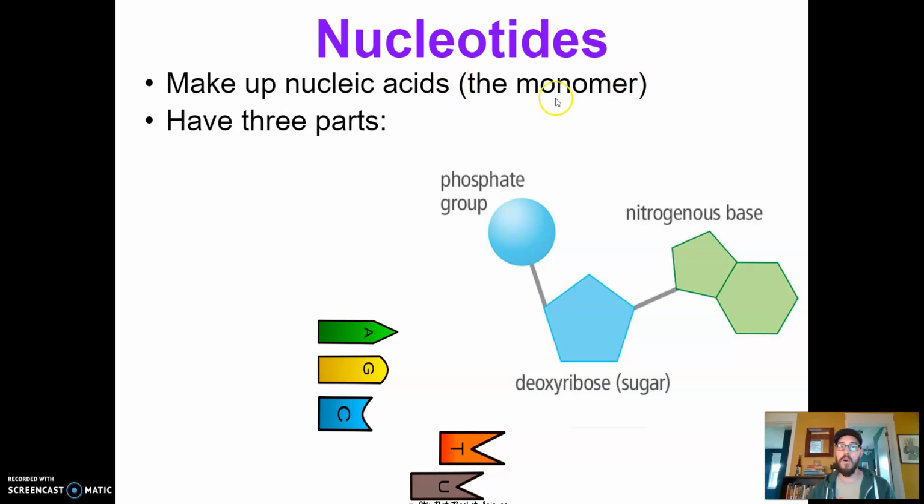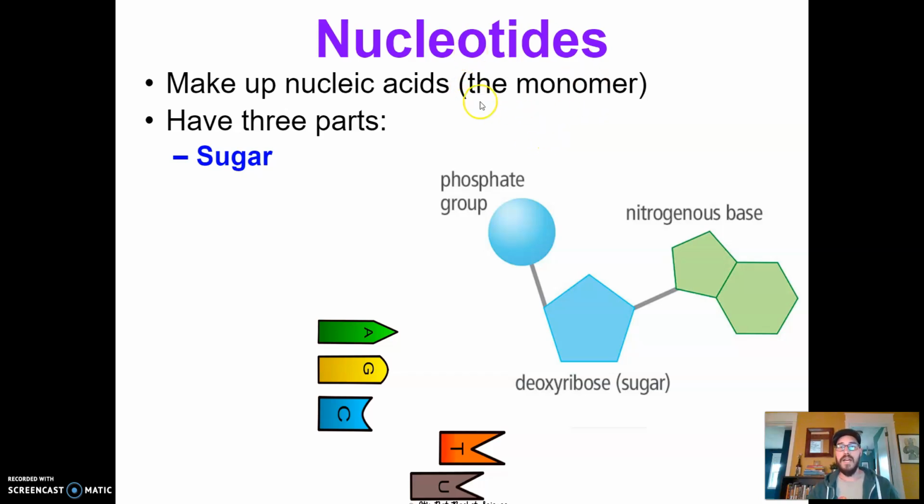So it's basically one part of a nucleic acid. So your monomer is the smallest part of something, and then the larger thing, when we stick a whole bunch of these little monomers together, you end up with something known as a polymer, because poly means a lot. So just to summarize that really quick, a nucleic acid is a macromolecule made up of a bunch of little pieces known as nucleotides. That is a monomer. You stick enough monomers together, you end up with a polymer, right? You've probably heard those words before.